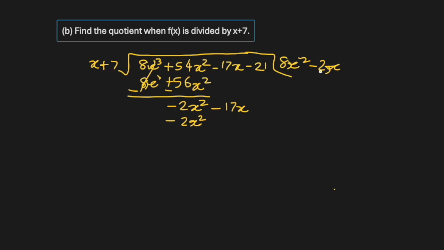And 7 times minus 2x will be minus 14x. And I change the signs again. So this cancels out, and this will be minus 17 plus 14, minus 3x. And now I'll bring the last one, minus 21, here.